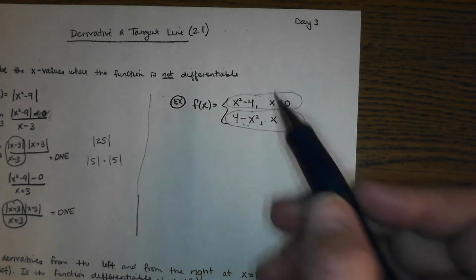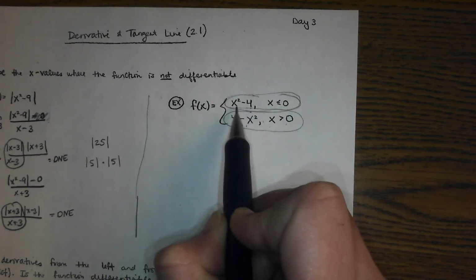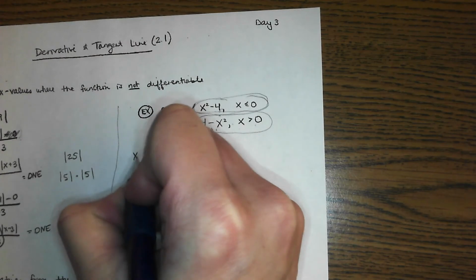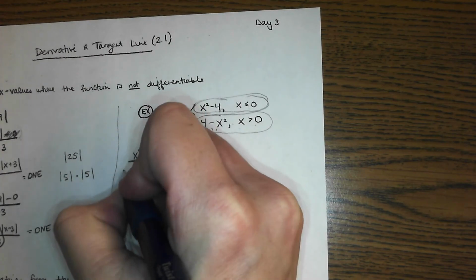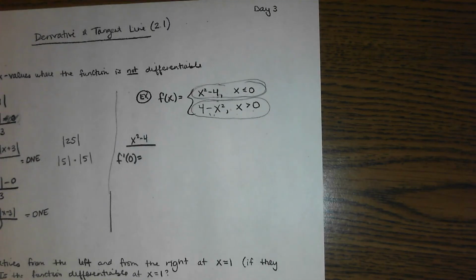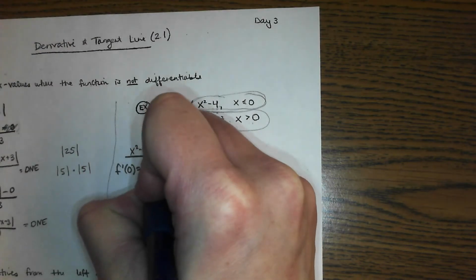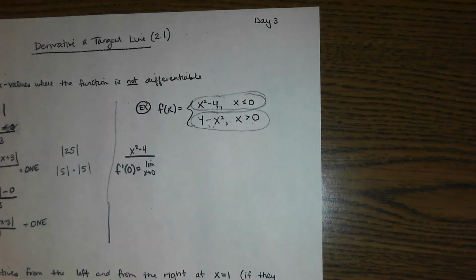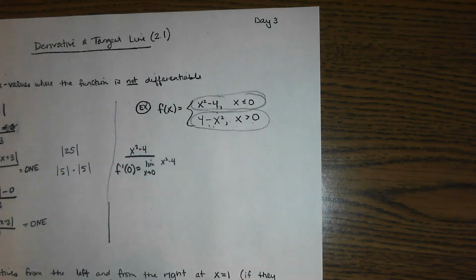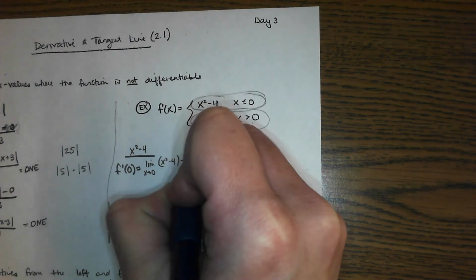Okay? So let's treat it as two separate functions. We're going to find the slope of this one. So starting with the x squared minus 4 piece, we're going to find f prime of 0 on that one, because this one ends at 0. So using the alternate form of the derivative, that'll be the limit as x approaches 0 of f of x minus f of 0.